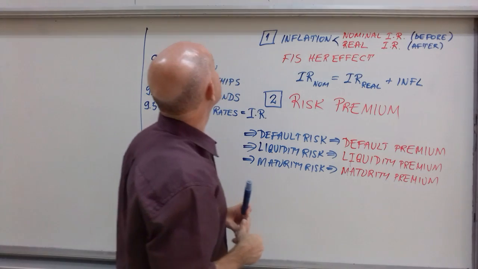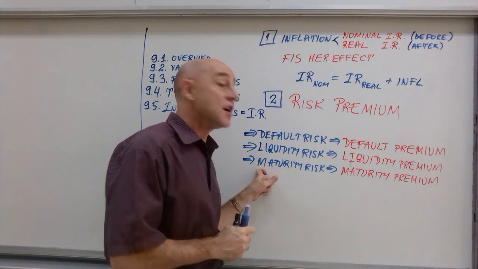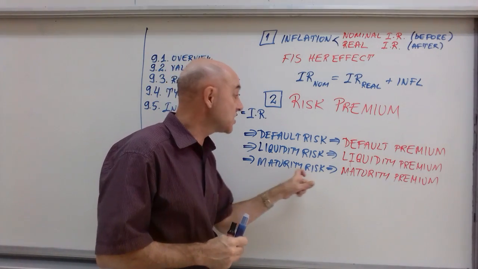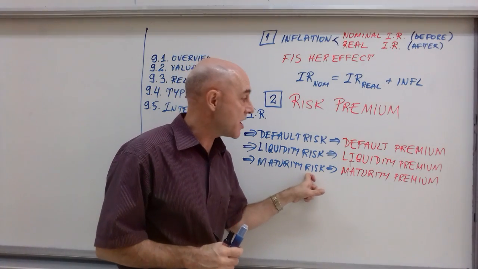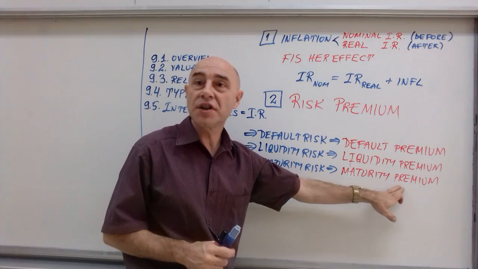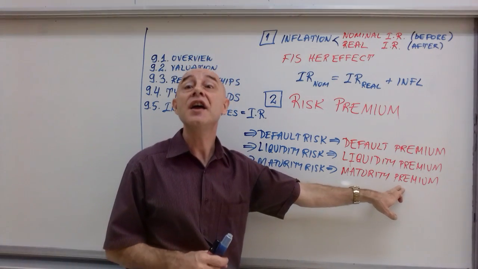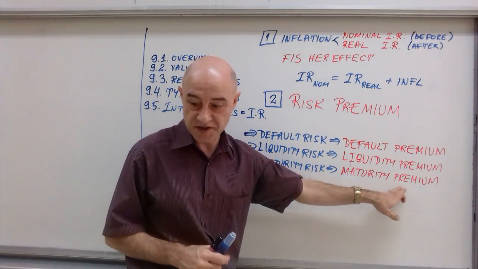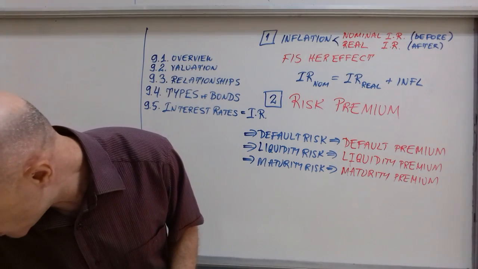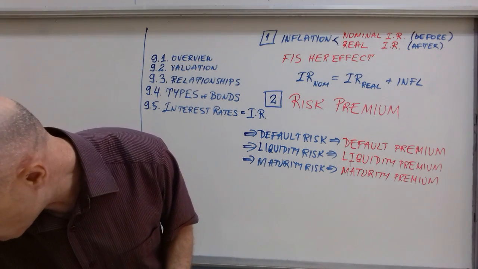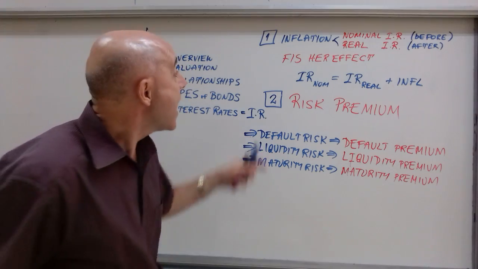Now, let's clarify that longer maturity means longer interest rate risk. So, the maturity premium is a compensation for interest rate risk. Okay? What else? Liquidity, maturity, default.